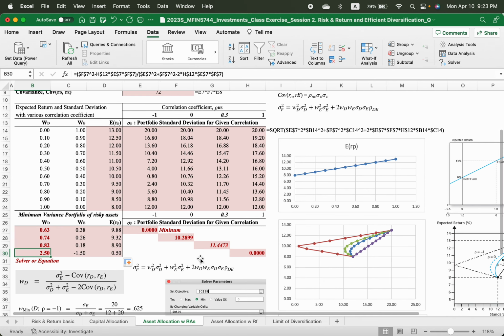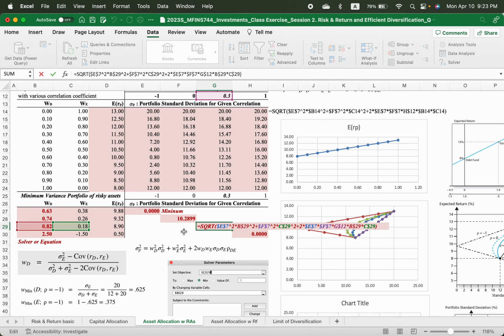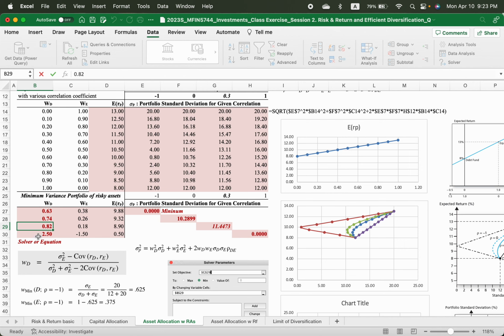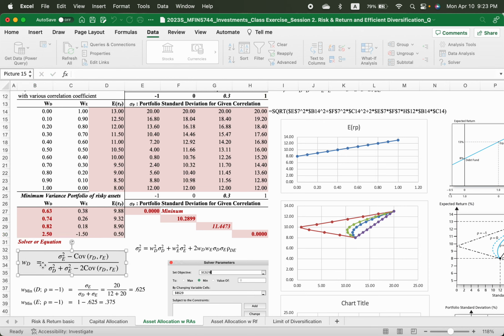You can also calculate the minimum level of this standard deviation using the solver, right? Using the solver. For these 1, 2, 3 cases, I used this equation, but this one, you can use this equation, or you can also calculate using the solver.